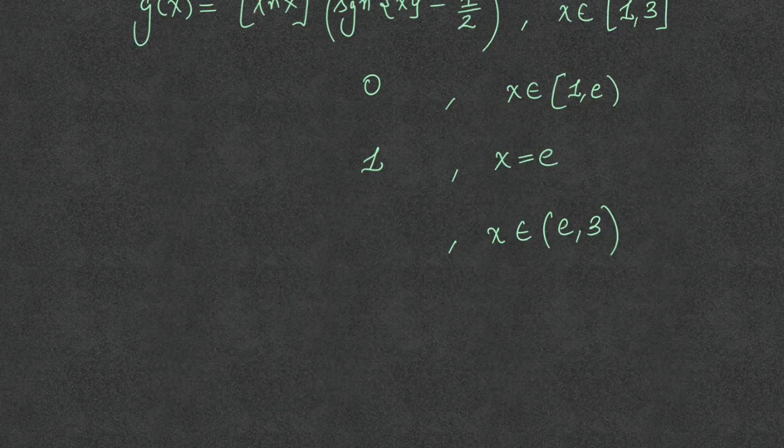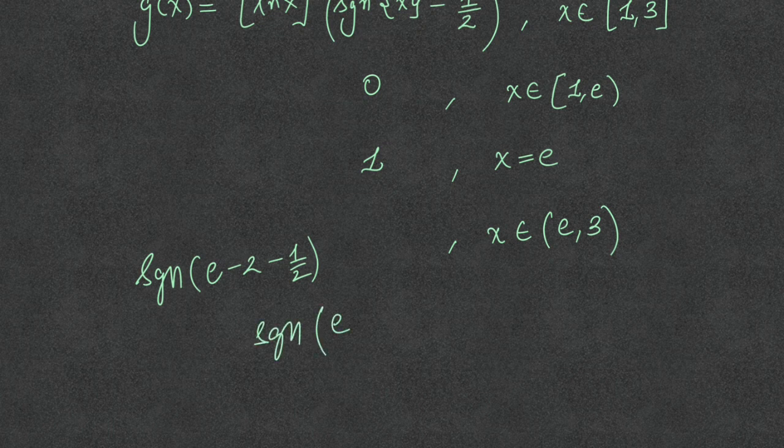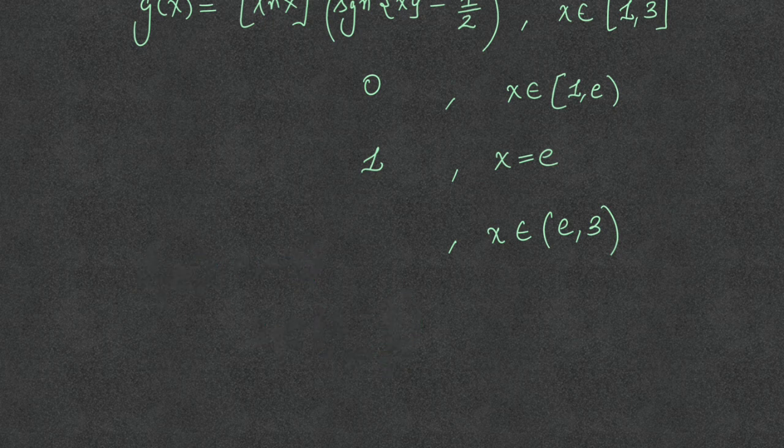So for the given interval we get signum of e minus 2 minus half, which becomes signum of e minus 5 by 2, which is positive, and signum of positive is always 1. So between this interval, the greatest integer of log x is 1 and signum of fractional part of x minus half is also 1, so 1 into 1 is 1.